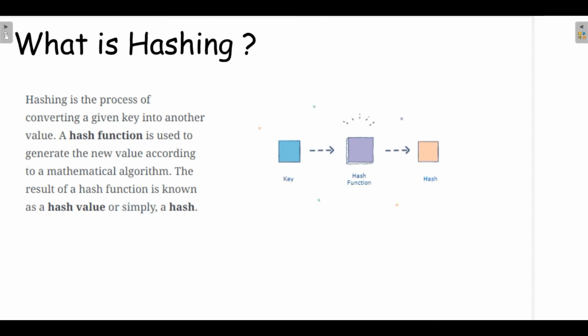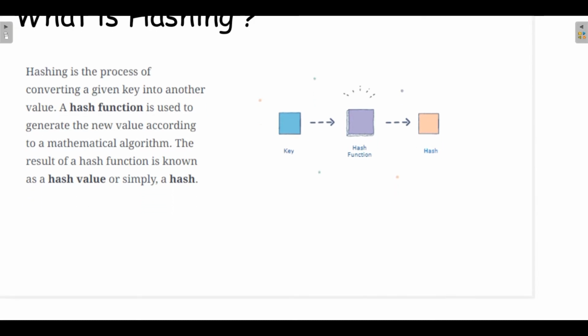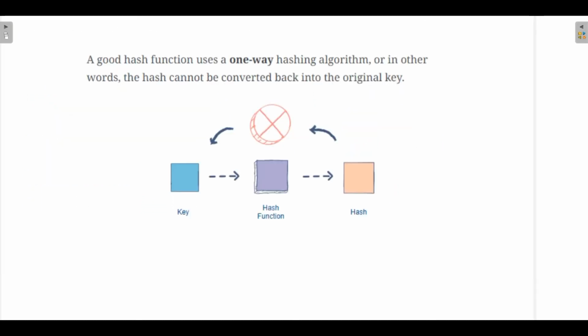That value is known as a hash. Simple as that. A good hash function uses a one-way hashing algorithm. What does one-way hashing algorithm mean? It means that your hash cannot be converted back into your original key.